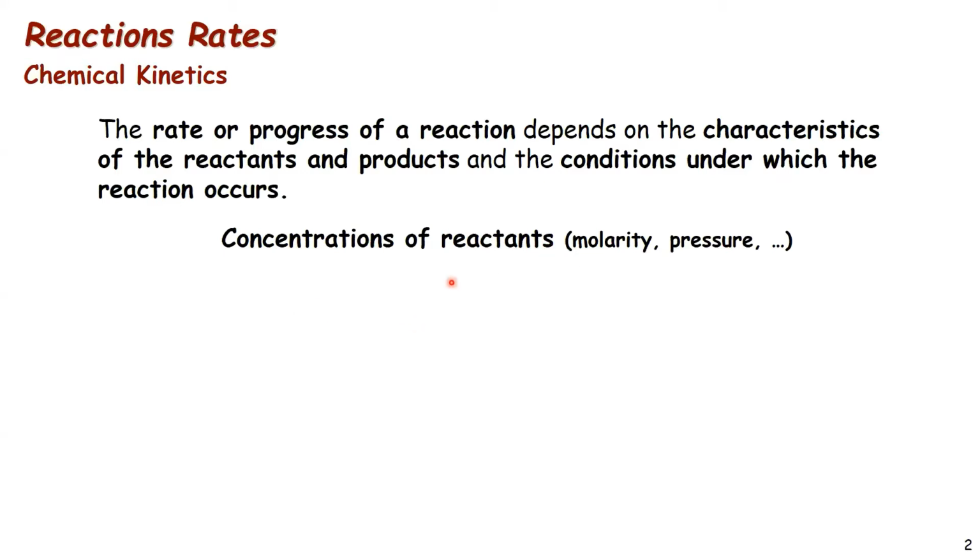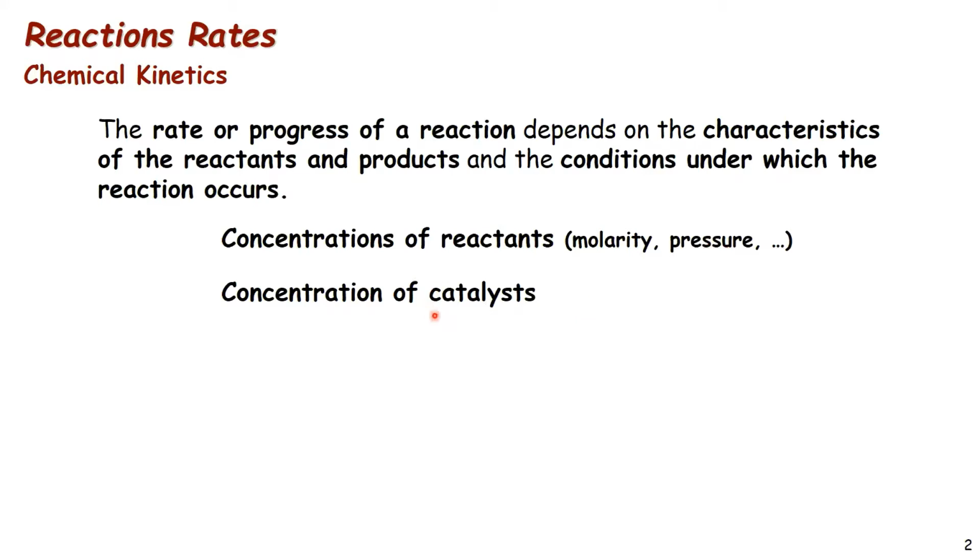So again, concentrations of reactants and products. Now we're going to focus on just the reactants, but we will talk about how the products can also be involved. Again, molarity for solutions, if you have aqueous solutions, pressures, if gases are involved. Concentration of a catalyst. So we'll talk about what a catalyst is.